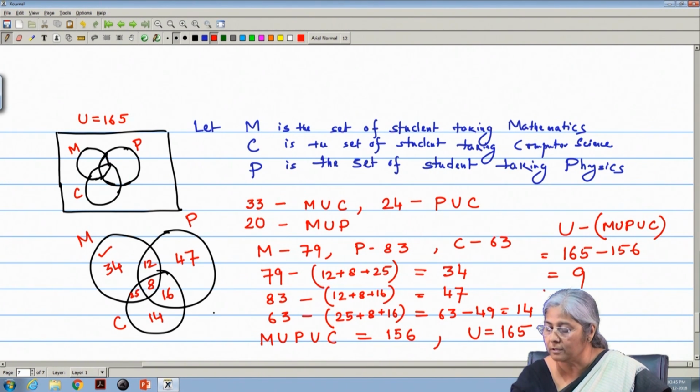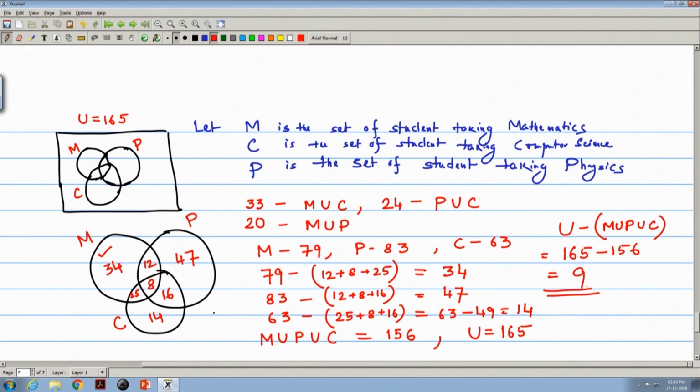So, this is my result: 9 students are not taking any of the subjects. So, this is a very common tool for solving problems using sets, using the Venn diagram, mainly the set operations.